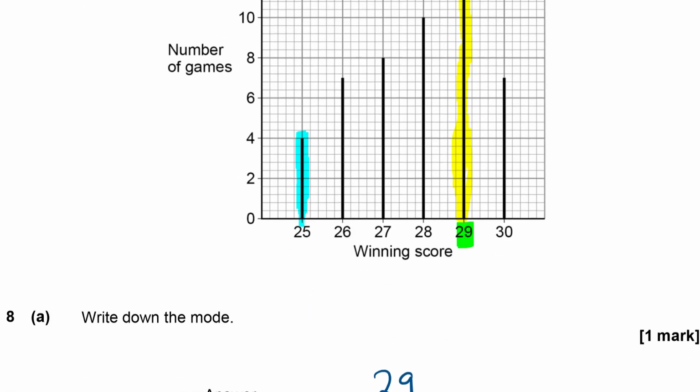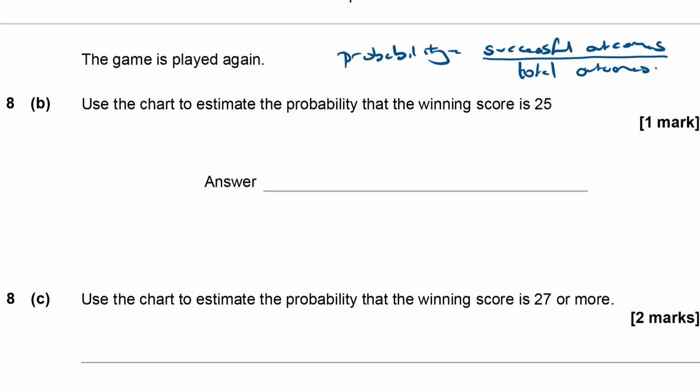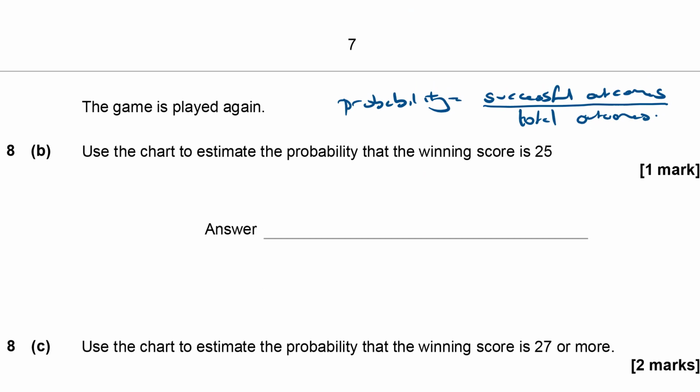So our successful outcomes is 4, and our total outcomes is 50. So the probability is 4 out of 50. Now that cancels down, but you don't ever get any extra credit for cancelling down probability questions, so I'm just going to leave it as 4/50ths.